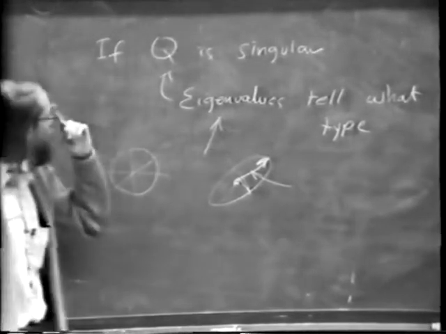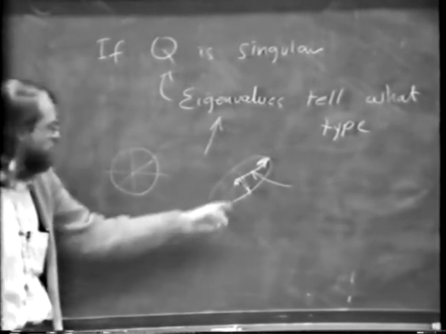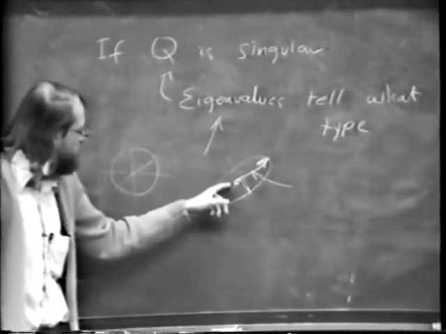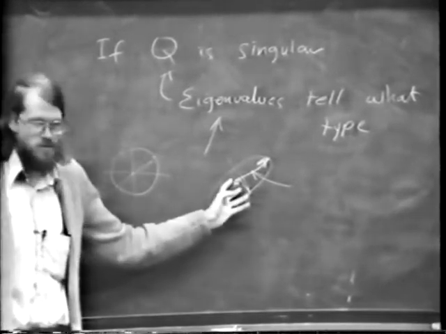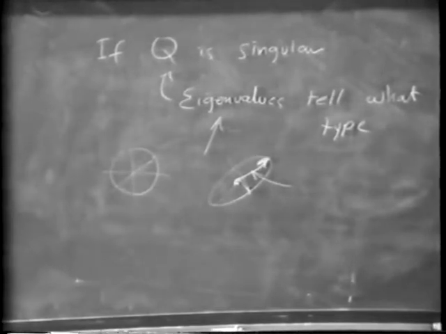Now, if the matrix is singular, that means one of these things is going to be squashed into a disk, right? So one of these semi-minor axes is going to be 0. And if the matrix happens to be doubly singular, 2 of them are going to be 0. And so in a certain sense, the eigenvalues of a matrix tell you a little bit more interesting information about the matrix than just the determinant of it.